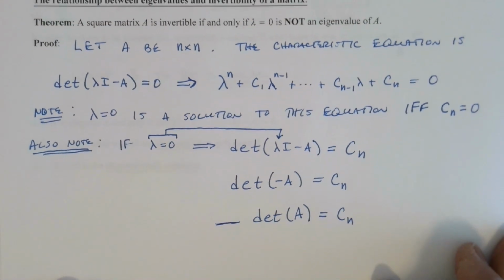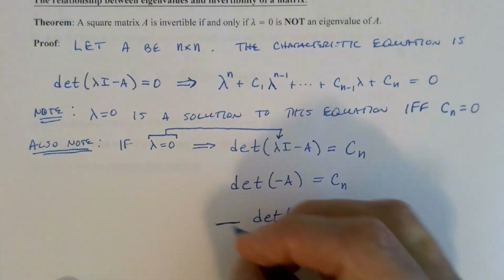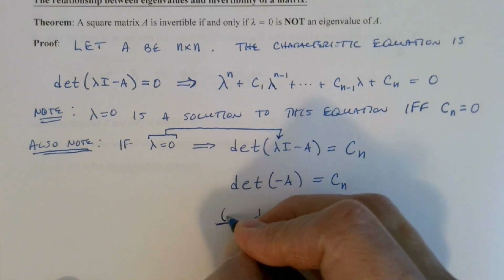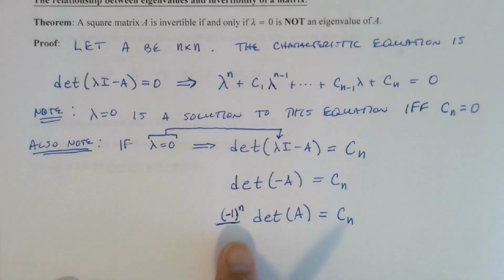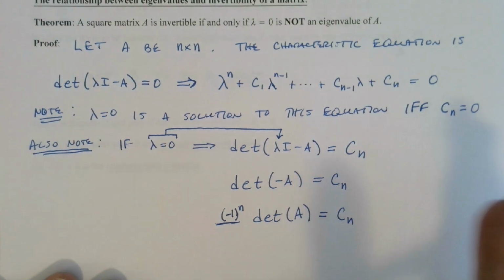You know what goes here. Well, if you said -1 to the n power, then you get a big prize. A virtual pat on the back from over the internet. There you go. Pat on the back.